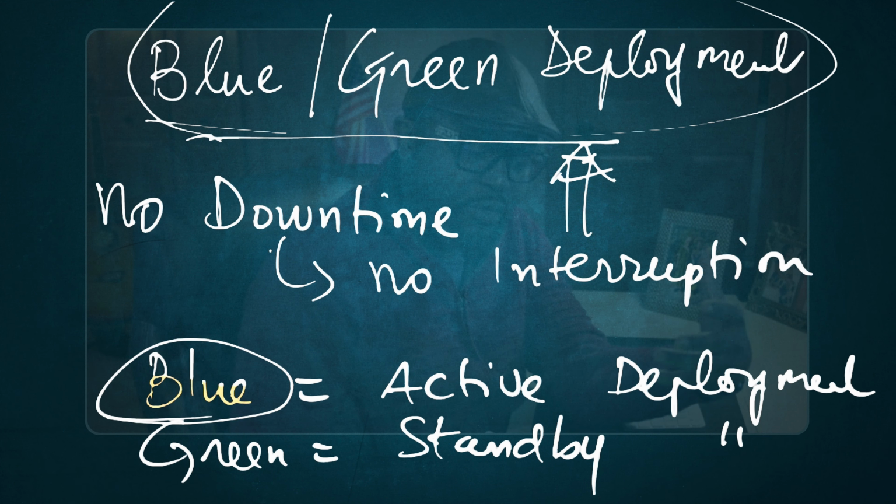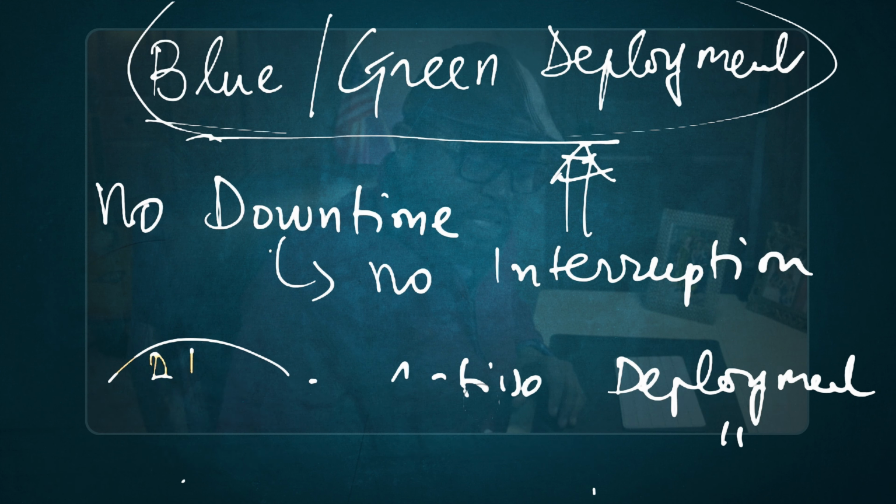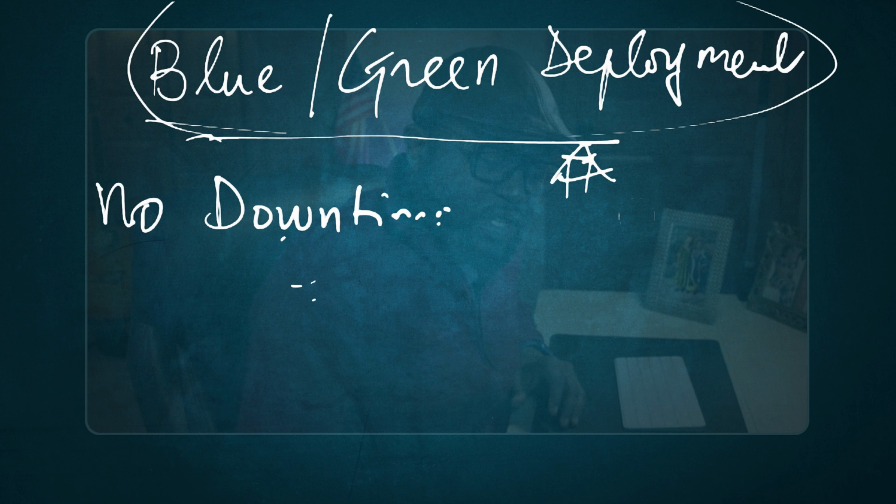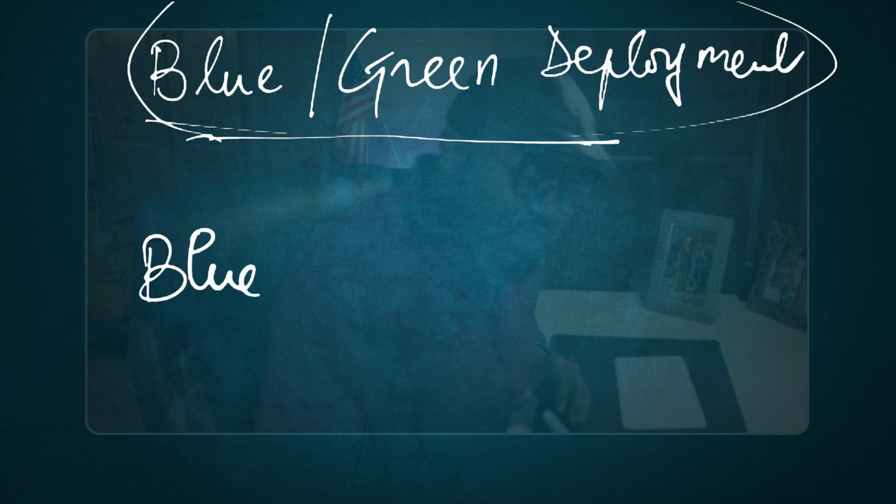When there is an interruption, you just switch to reroute your traffic from blue to green. So every time there is an interruption, you just reroute traffic to green.